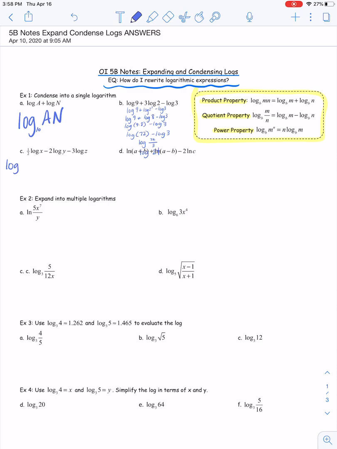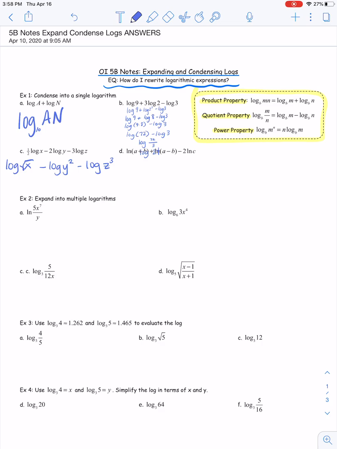Well, what is x to the 1/2 power? That's just the square root of x minus log of y squared minus log of z cubed. I'm using the coefficient as the power, okay? So now that I'm subtracting these three terms, I can use my quotient property.